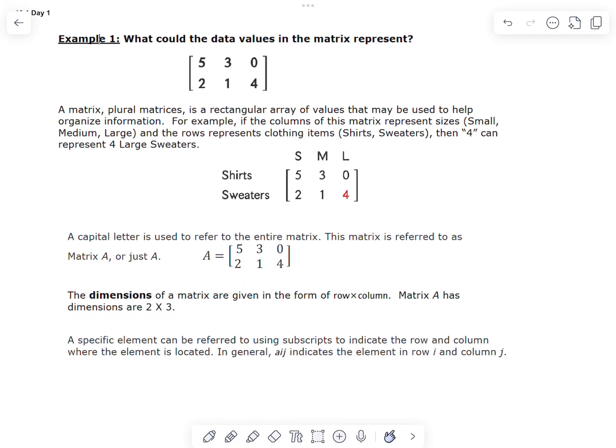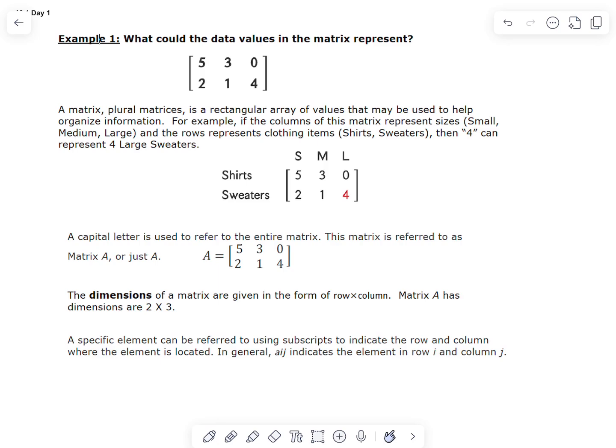Example 1. What could the data values in the matrix represent? So we have 6 data values in this matrix. A matrix, plural matrices, is a rectangular array of values that might be used to help organize information. So for example, the columns of this matrix might represent sizes, so you might have something like small, medium, and large, where the rows are going to represent the clothing, the shirt sizes being shirts and sweaters.